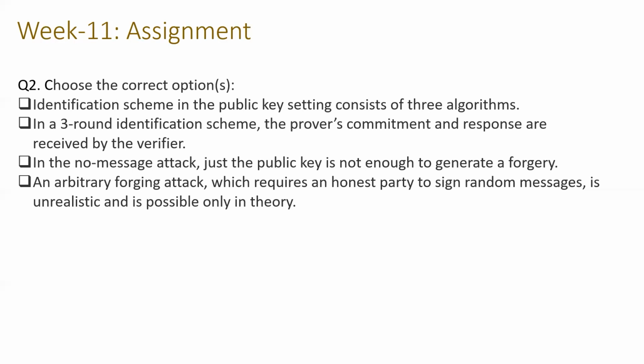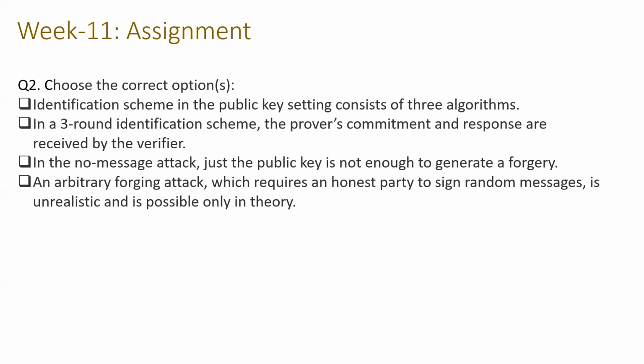If you are given some message M and you are required to compute a corresponding valid signature sigma, what you can do is come up with some message M1 from the message space, and by accessing the signing oracle, you get the corresponding signature sigma 1.